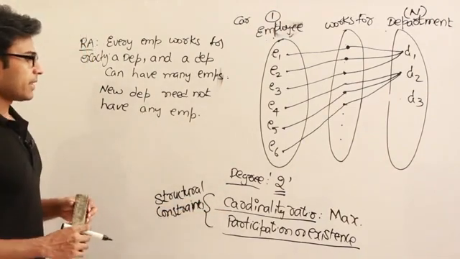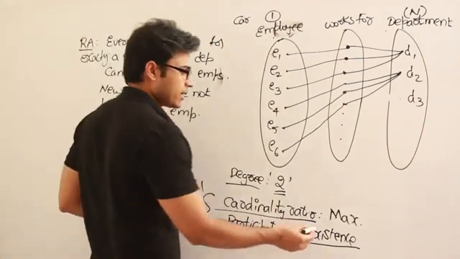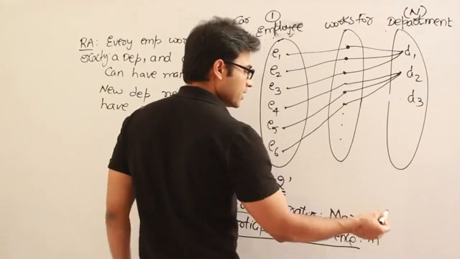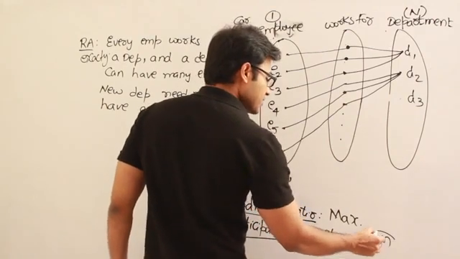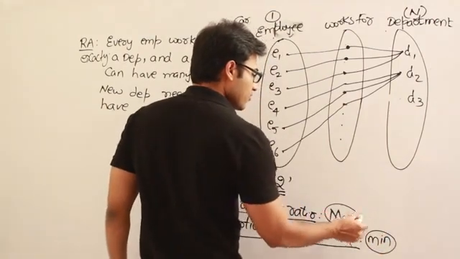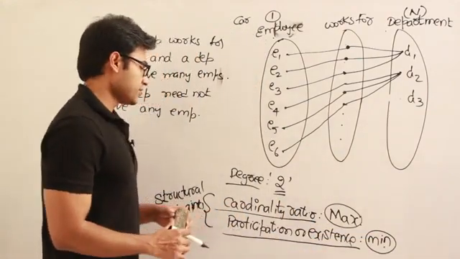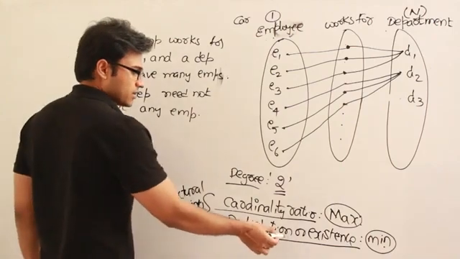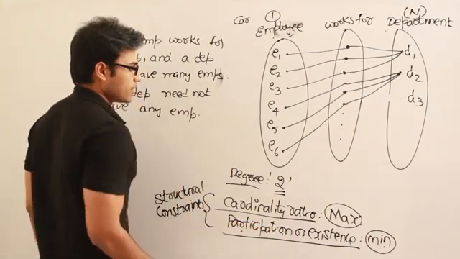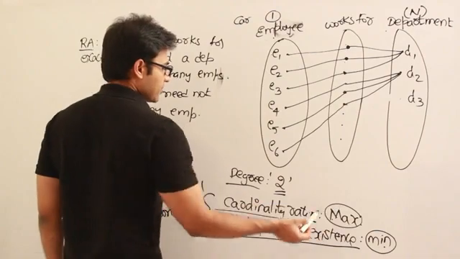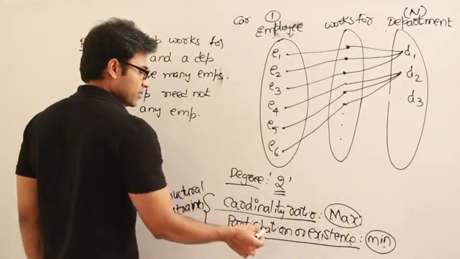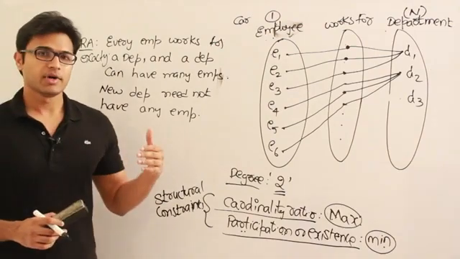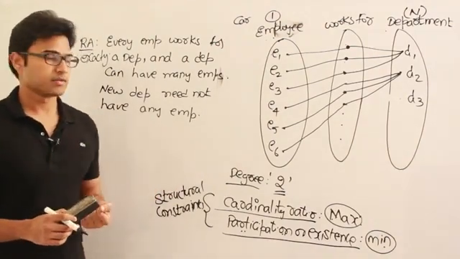When cardinality says the maximum number of relationships an entity can participate in, participation says the minimum number of relationships an entity can participate in. Sometimes participation is also called minimum cardinality, because cardinality is the maximum, and this discusses how many minimum relationships an entity can participate in.